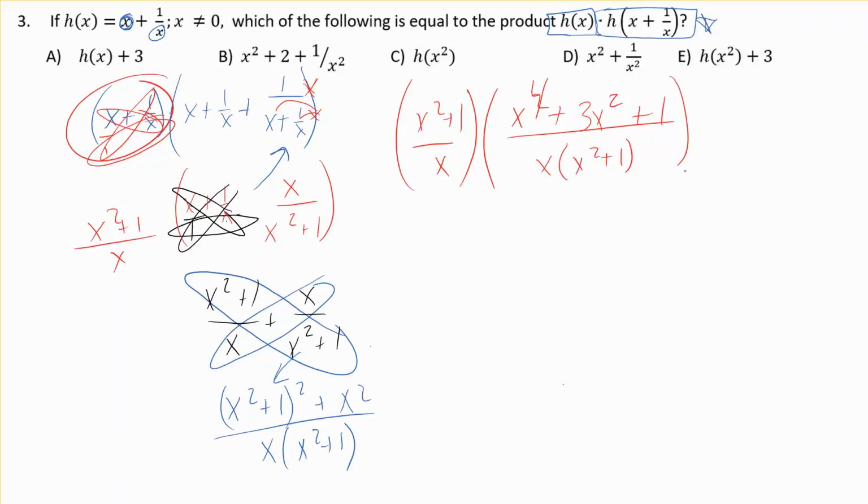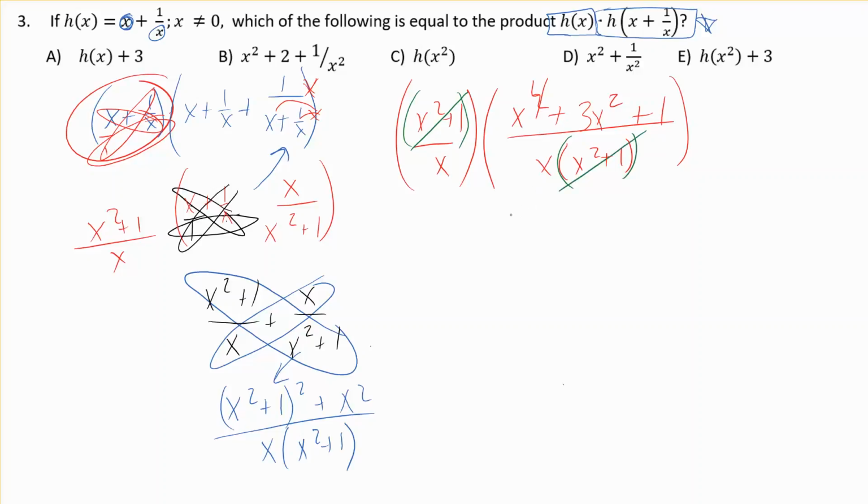Now we can start looking at some things. What you should see right away is, so the first thing I notice is that we can cross this guy off here.